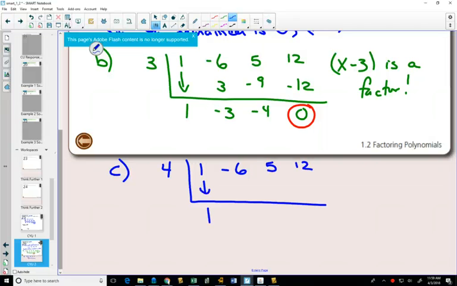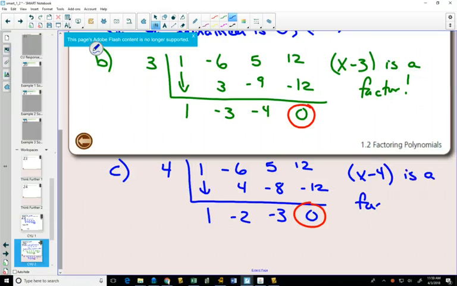Bring down the 1, multiply, add, multiply, add, multiply, add. And again, we get a remainder of 0. That tells us that x minus 4 is a factor.